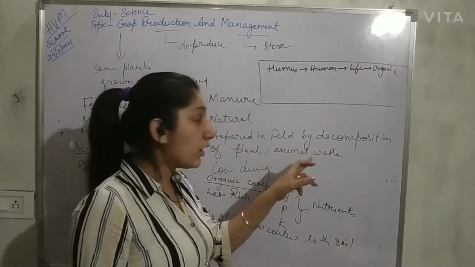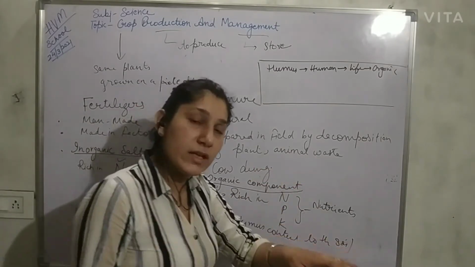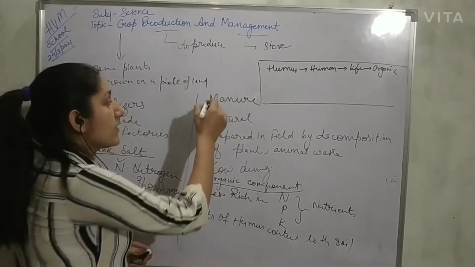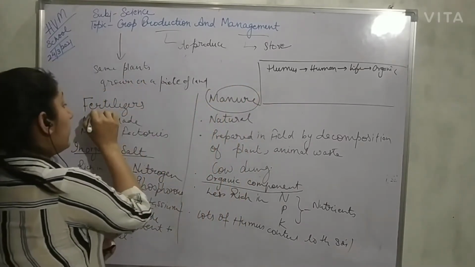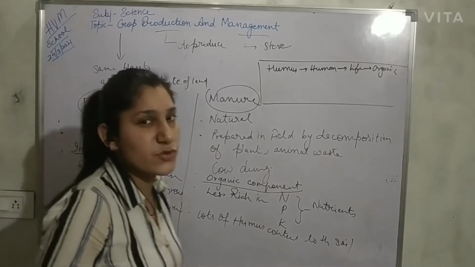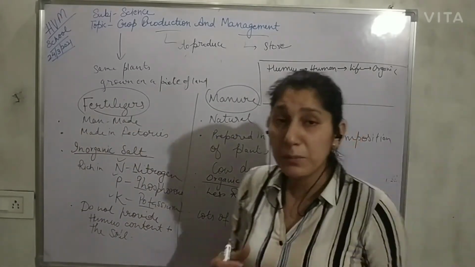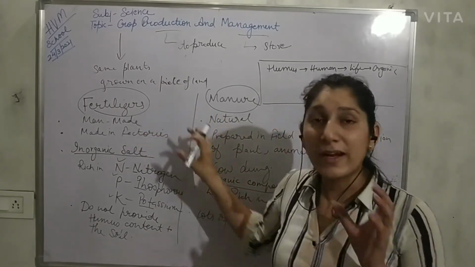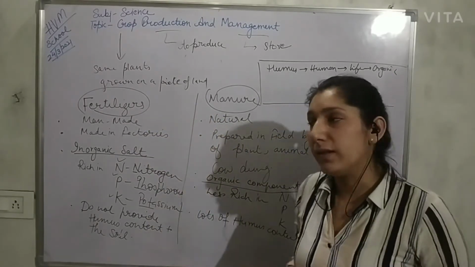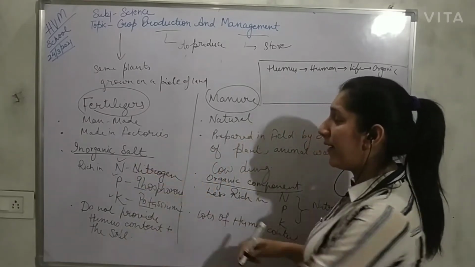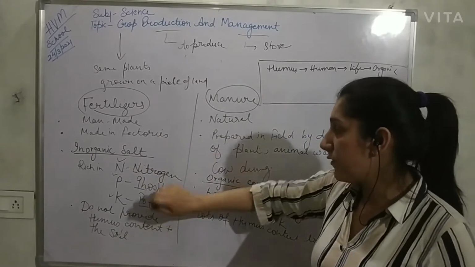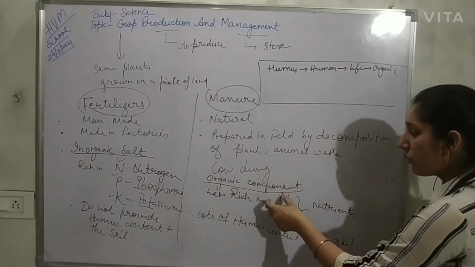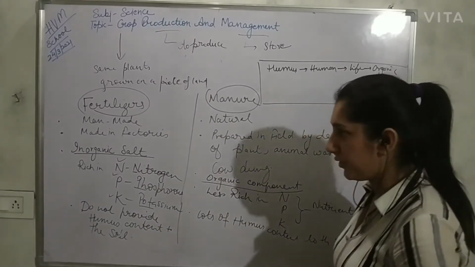Then animal waste, human waste, all of these are living components. So the living component in manure is high, and in fertilizers it is not so high. Why? Because it is not made of living matter. It has come from factories which have no life in them. No doubt the good point is that they are rich in nitrogen, phosphorus, potassium, but manure has a lesser amount of nitrogen, phosphorus and potassium.